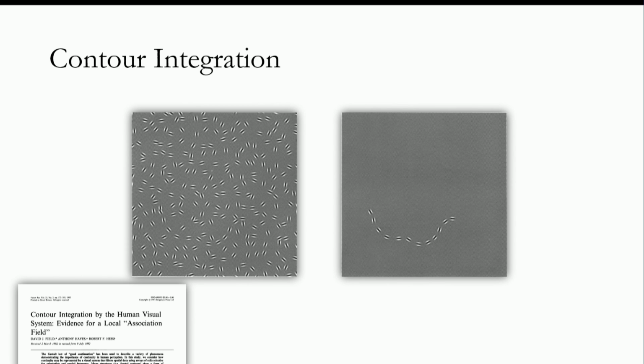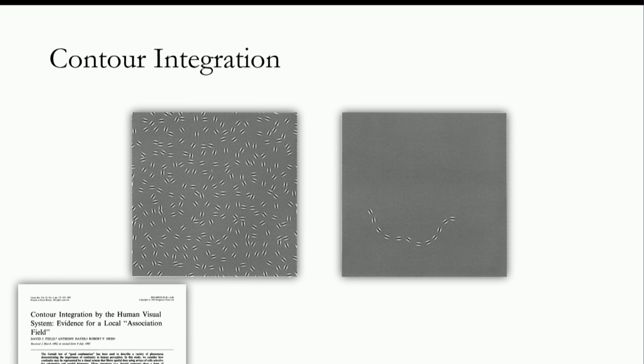There's this paper by David Field, and I looked at pictures like this. It's just a grayscale image with a lot of random line segments, randomly oriented. And if you look long enough at this picture, something might jump out. It should be this contour. I hope you found it. That's weird, right?